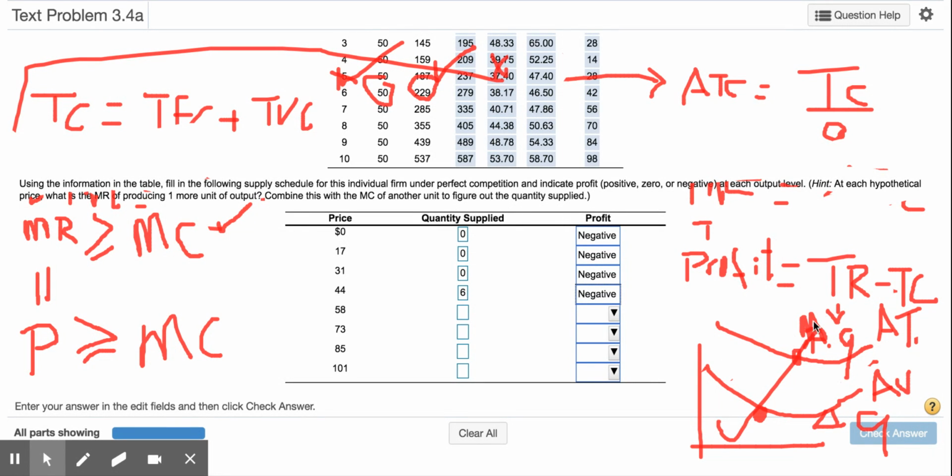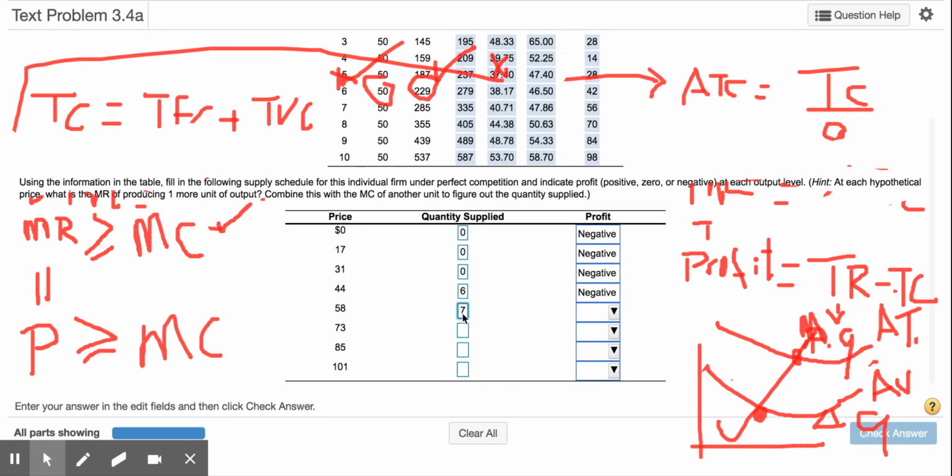So we are on this section and profit is positive. So we produce 7. You can check profit using 58 multiplied by 7 minus total cost, which is this number. Okay, that's going to be a positive number.